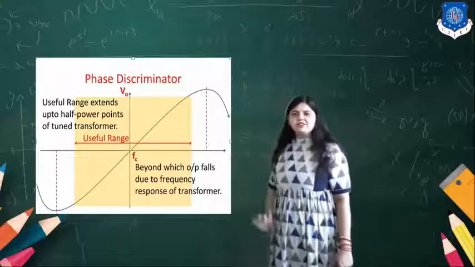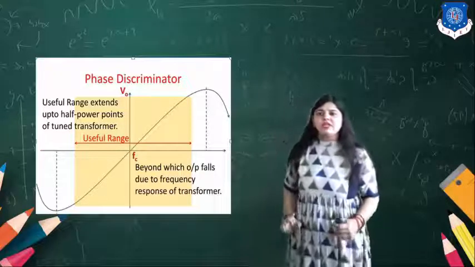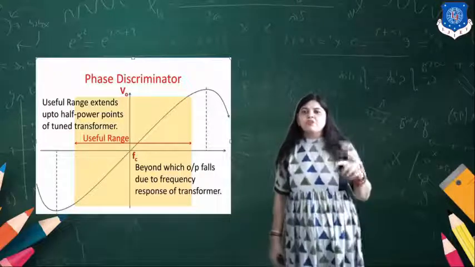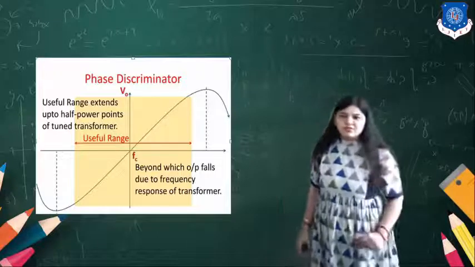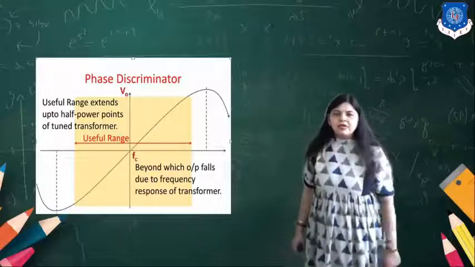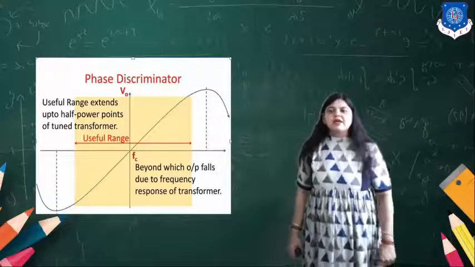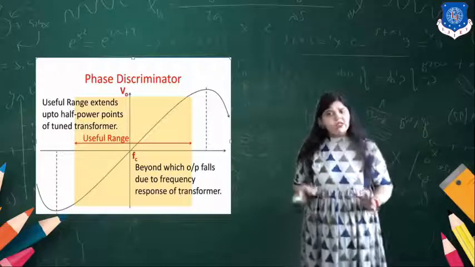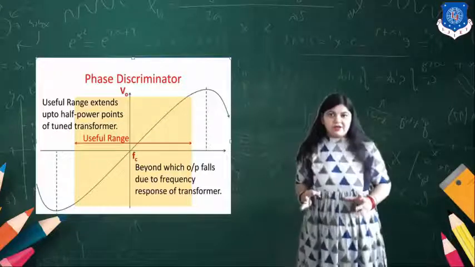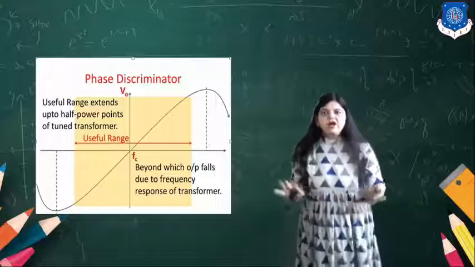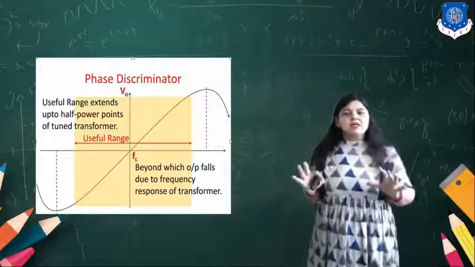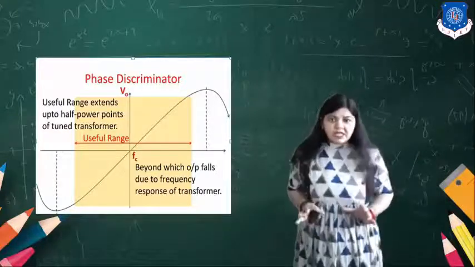Here you can see that the useful range extends up to the half power point of the tuned transformer. In the diagram you can see that the useful range is very limited. That is the only problem of the Foster Seeley phase discriminator.